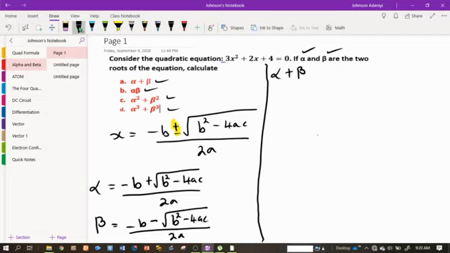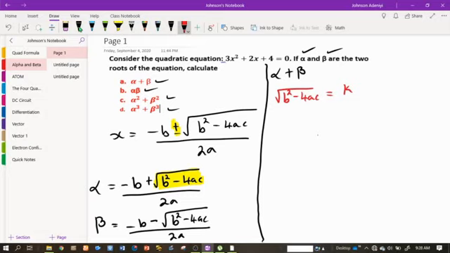We have a large value to deal with, the square root of b squared minus 4ac. Let's call the square root of b squared minus 4ac k, so that this will help us in doing our simplification, so that we don't need to deal with long simplification.